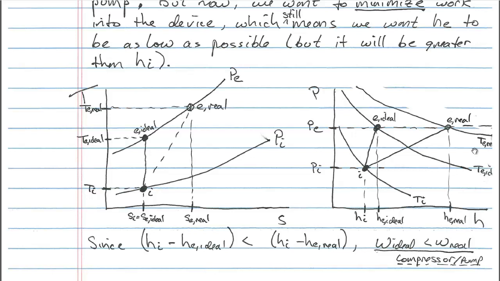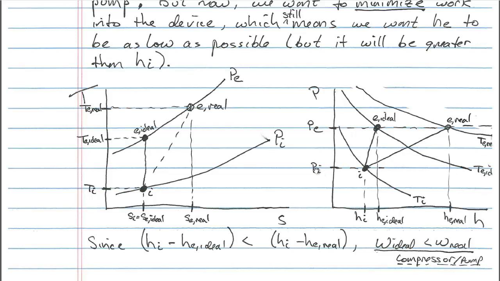And based on our analysis on the TS diagram, we know that the real exit temperature is greater than the ideal exit temperature. And so we draw our line of constant temperature for the real exit state to be greater than the line of constant temperature for the ideal exit state.